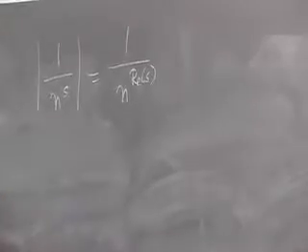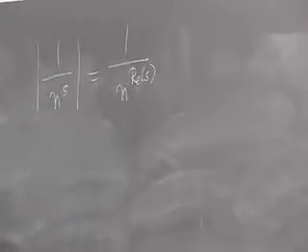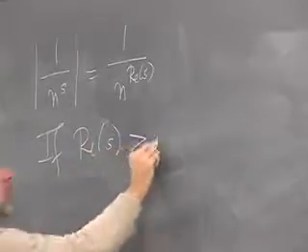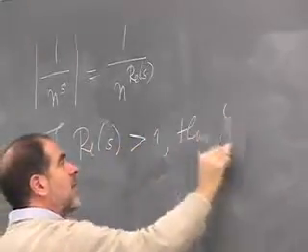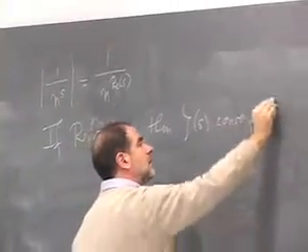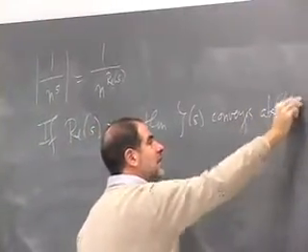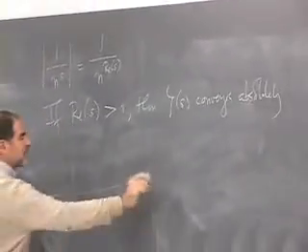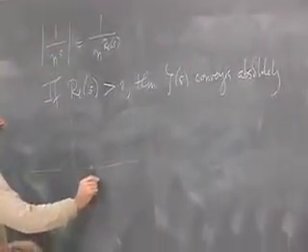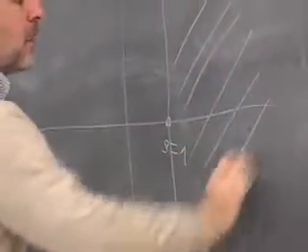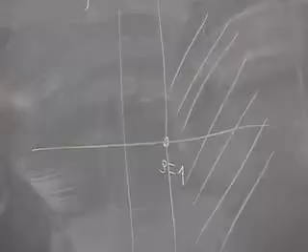So if the real part of s is bigger than 1, then zeta of s converges absolutely. If you haven't taken Math 113, don't worry about it. And so to draw a picture of the complex plane, here's the point s equal 1. And in this area of the complex plane, we have a well-defined function.